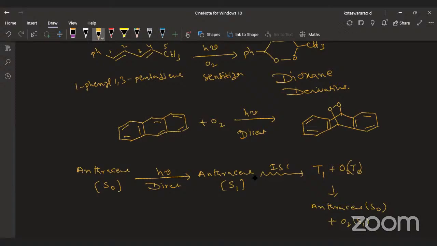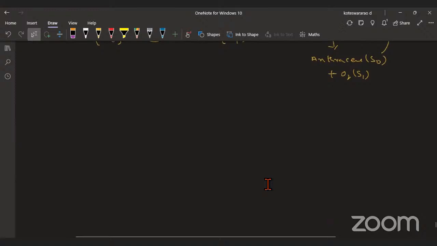This singlet state is further reacting with the addition reaction that leads to the formation of this product. Okay, that is the mechanism involved in the formation of dioxane from the anthracene.